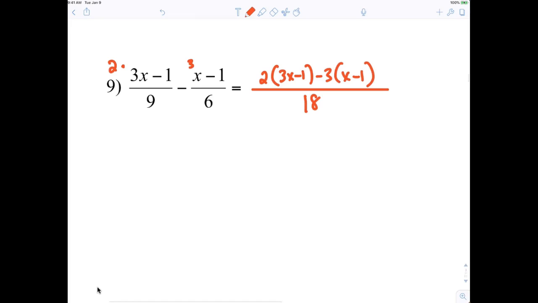Okay? 6x minus 2 and 3x. What are we talking about here? We're distributing a positive 2. Yeah, we did that. That was good. Now I'm going to distribute the. Why is it positive 3? Oh, never mind. It's negative. Why is it negative? Because you do change the sign. Yeah, there's a negative out in front.